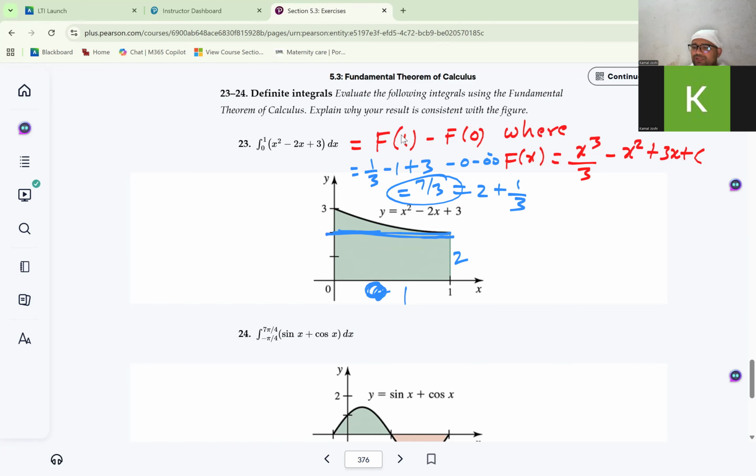The length is 1, the height is 2, so the area is 2 times 1. And this part, this triangle, has length 1 and height 1, but it's not exactly a triangle, it's less than the triangle, and it looks like the area of that part is 1/3. And that gives you that area, 2 plus 1 over 3.